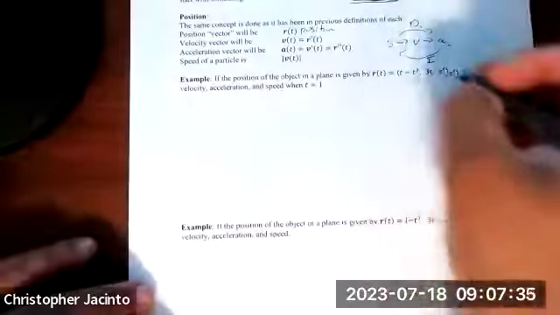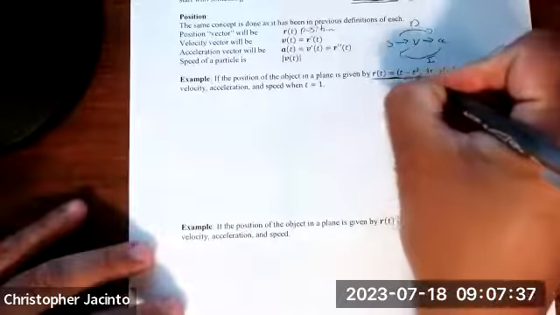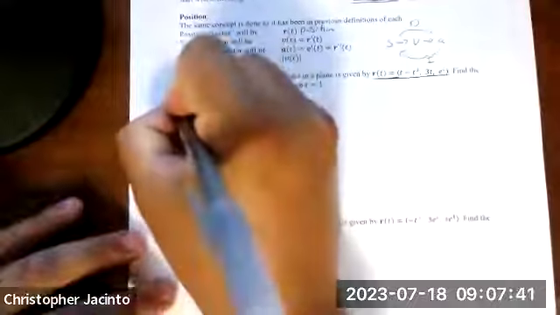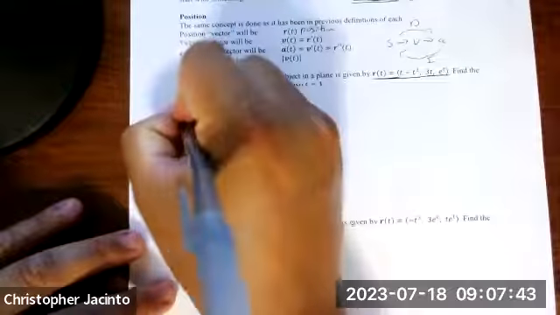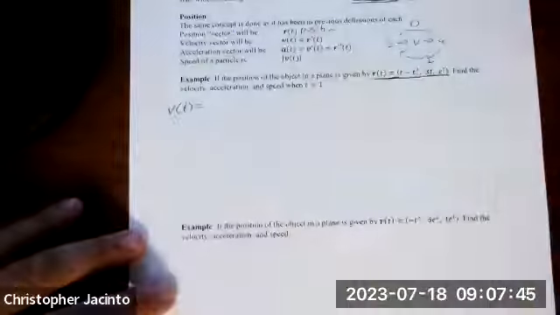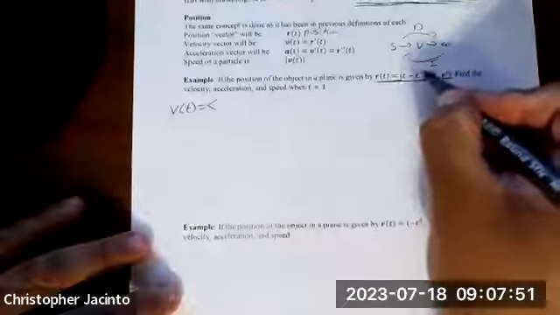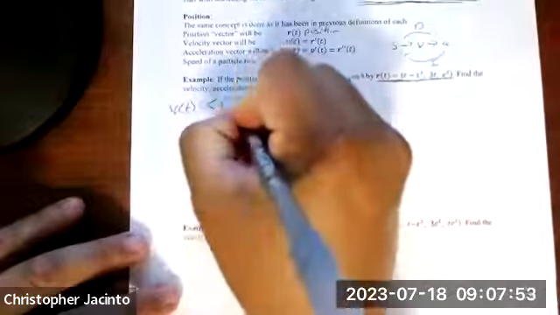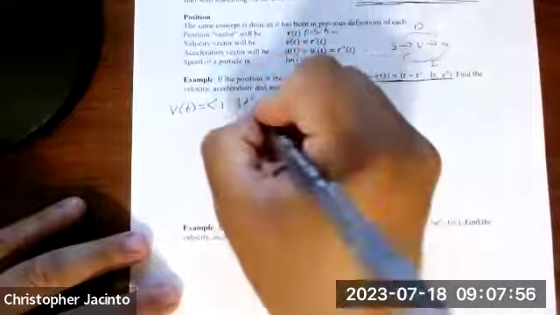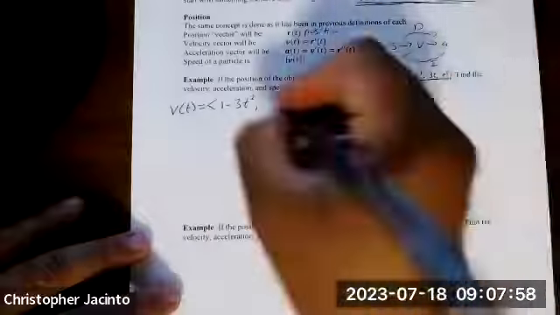Given this is our position vector, we want to find v, the velocity. In other words, v is just the derivative with respect to t. So this is going to be the vector. The derivative is going to be 1 minus 3t squared, then this one's just going to be 3, and this is going to be e to the t.